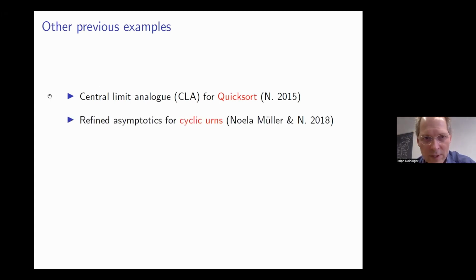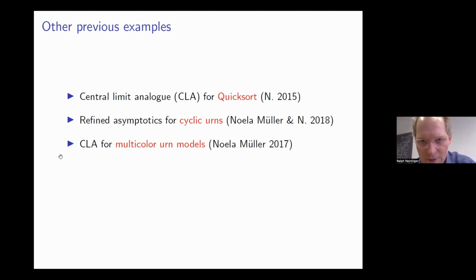This was the first I saw, and then Noela Müller, who is probably here somewhere, and I studied some refined asymptotics of cyclic urns, and there this also appeared. And then Noela Müller in her dissertation also studied other urn models where similar problems occurred. And these 3 problems could also be solved by martingale methods, although I propose to use fixed point methods.